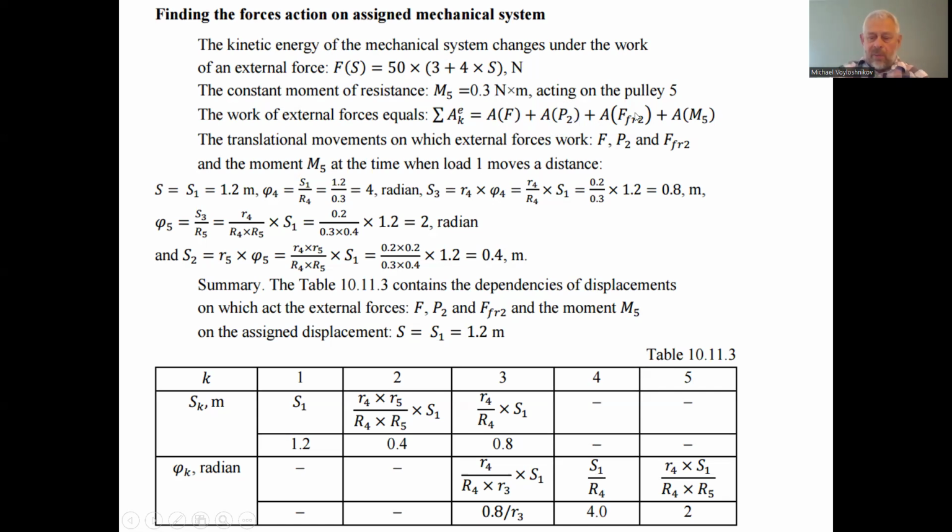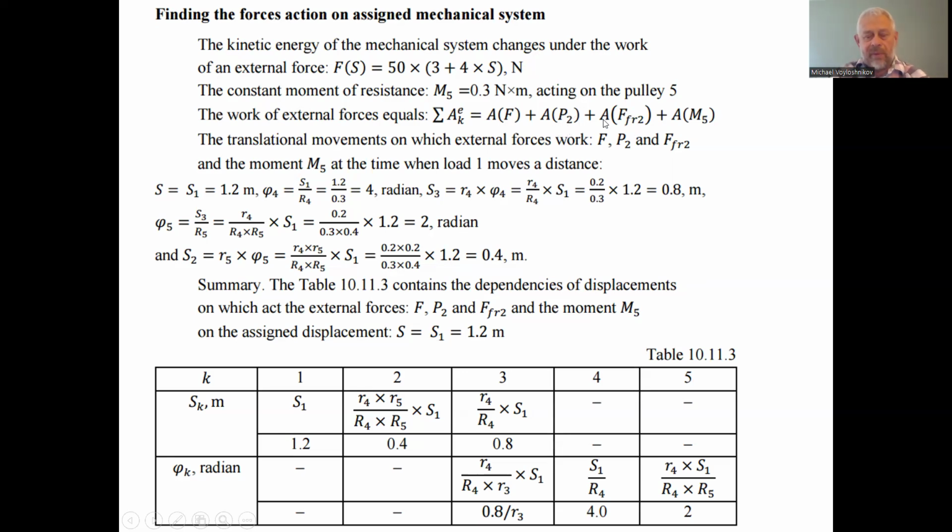And the work of the friction, because this second load is on the inclined surface, and this load as well causes a normal force to the surface.